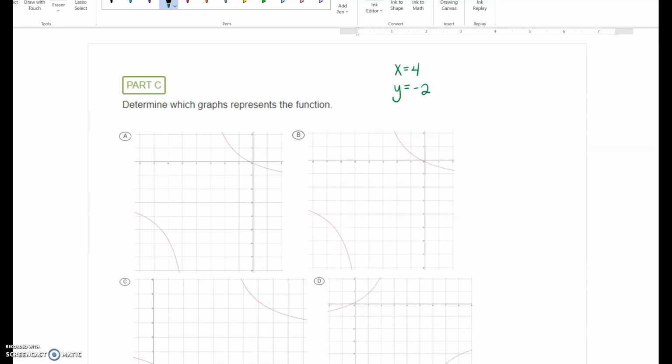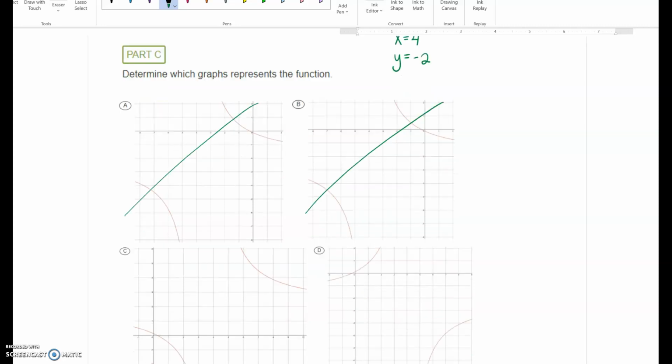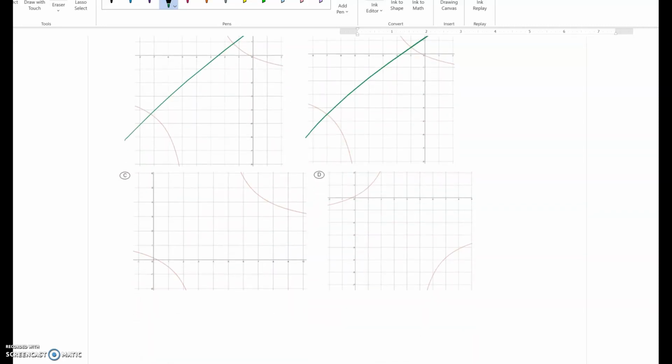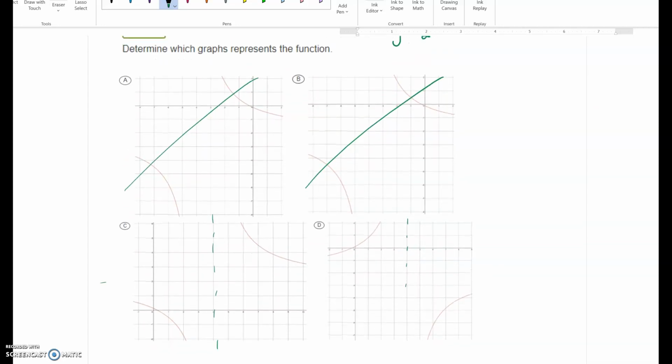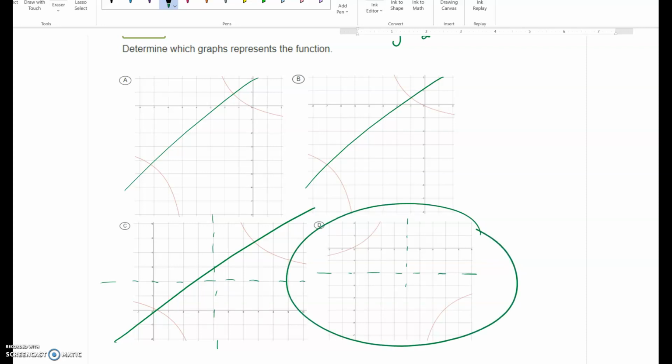So vertical asymptote at +4, that would be not this one and not this one. These two, it looks like they both have a vertical asymptote at 4. Horizontal asymptote at -2. This one looks like it has a horizontal asymptote at 2, so that's not right. This one at -2, so that one would be correct.